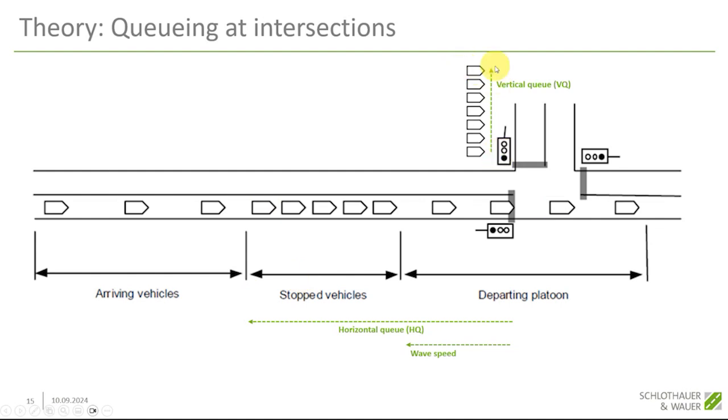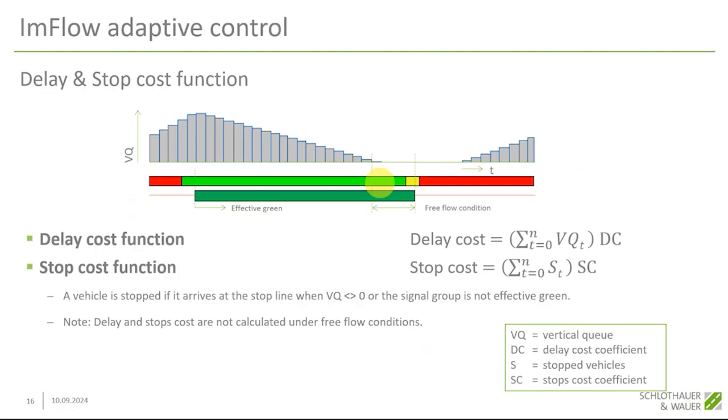So vertical queue means the total number of cars between stop line and end, and then we have the horizontal queue, meaning the distance to the last car that is stopped. And the waiting time or the cost function then encompasses, first of all, a delay cost function, meaning we are comparing the time it actually takes for a car to pass a link or to pass a certain part of the road, and compare this with the free speed that it would have taken.